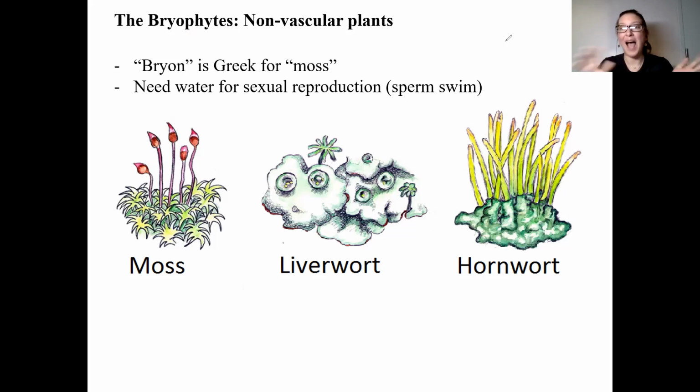So now the word bryophytes means all the non-vascular plants, but they're originally named for the mosses. And one characteristic that all the non-vascular plants have is that they need water for sexual reproduction. That's because the sperm literally swim.